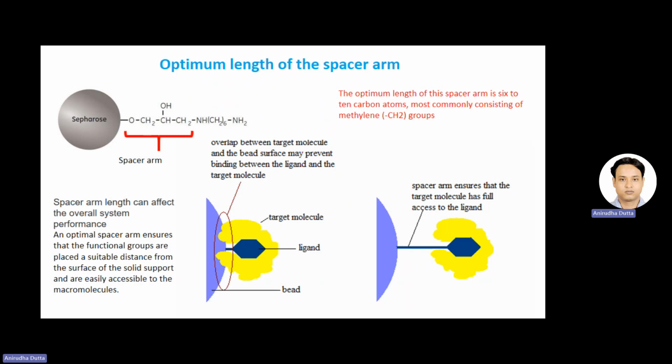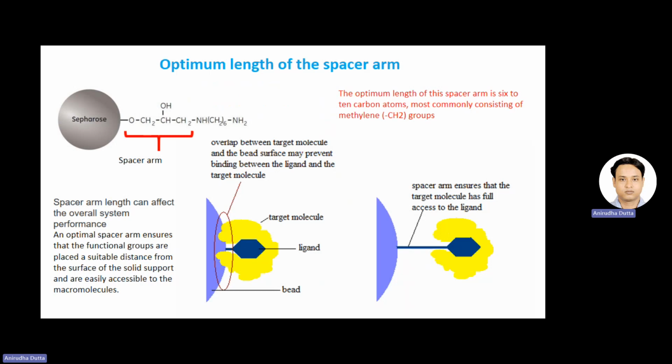If it is too short, then the protein that is interacting with the ligand would have steric hindrance with the inert matrix or sepharose, and that would prevent proper binding. So there is supposed to be an optimum length of the spacer arm required for effective binding of the protein to the ligand. The optimum length is around 6 to 10 carbon atoms.